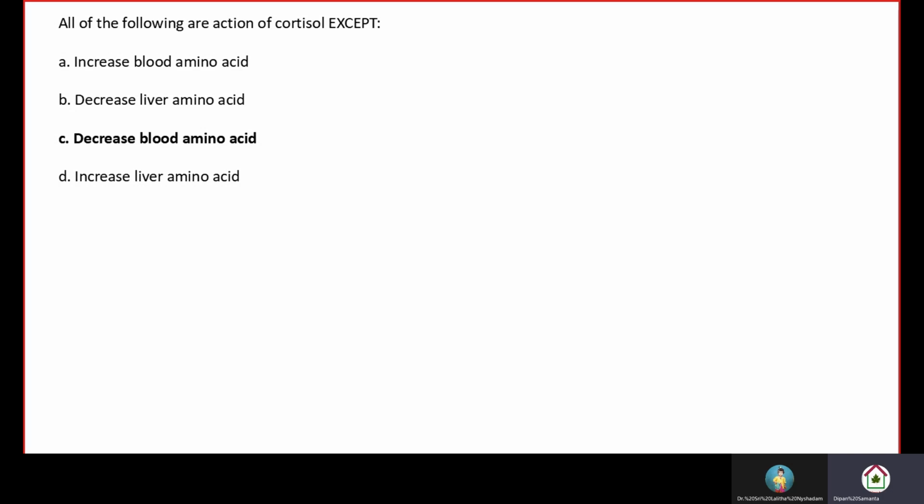You need to know that cortisol raises free amino acid in the serum. It increases amino acid in the serum.